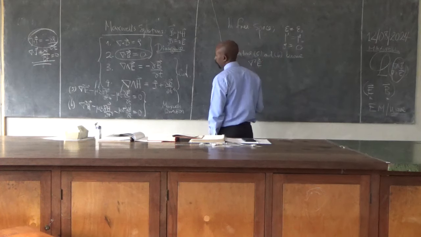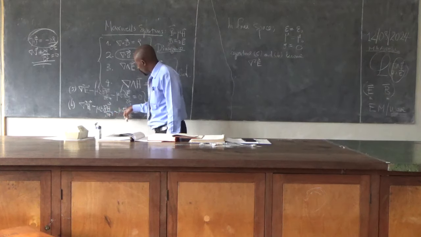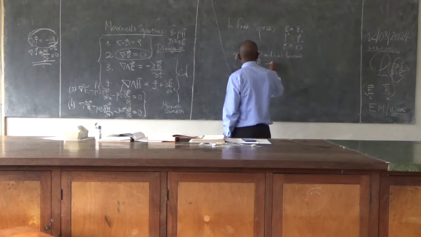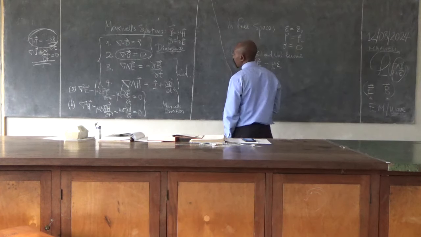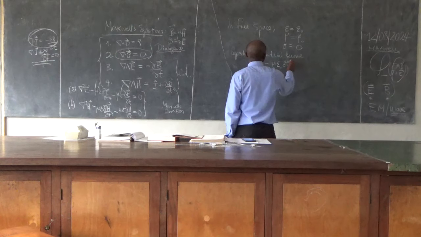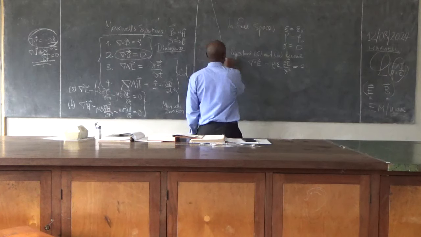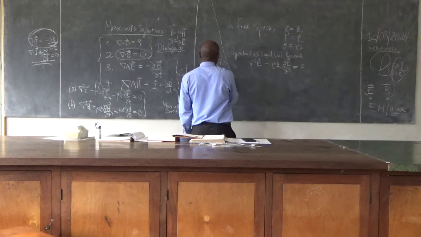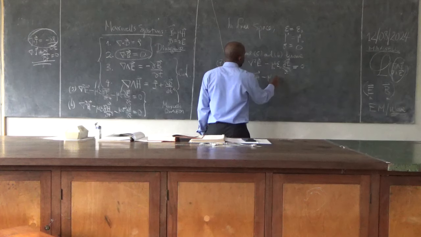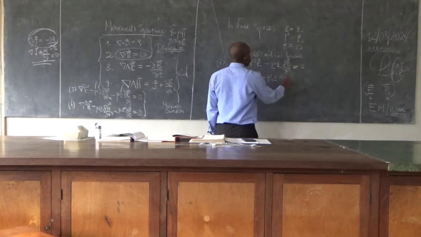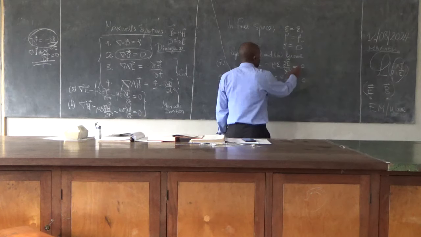So we get grad squared E. This other part here disappears. So we get minus μ₀ε₀ ∂²E/∂t² equals 0. And this is equation 7. Then equation 8 becomes grad squared H minus μ₀ε₀ ∂²H/∂t² equals 0.